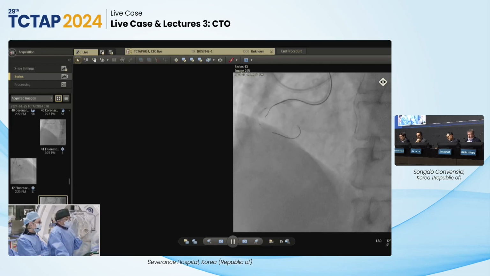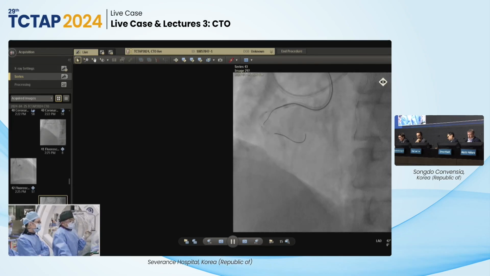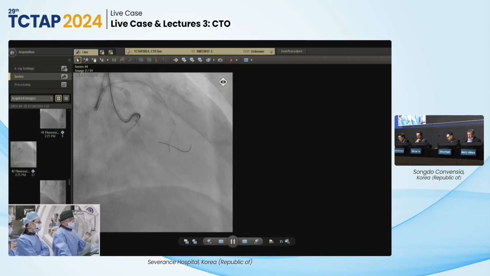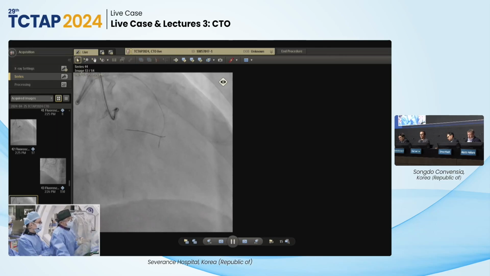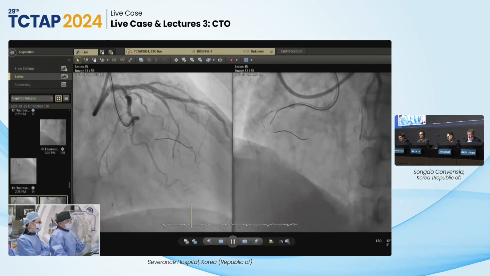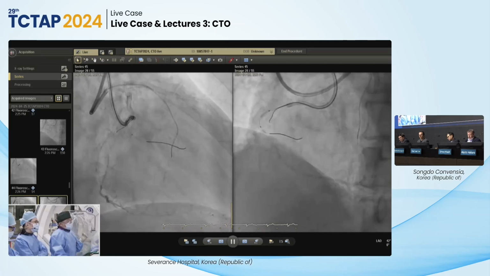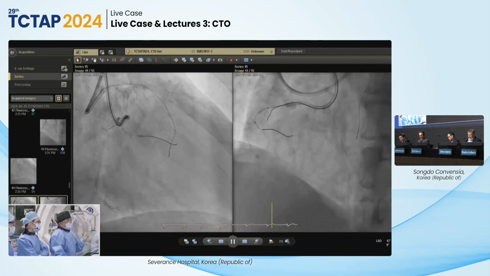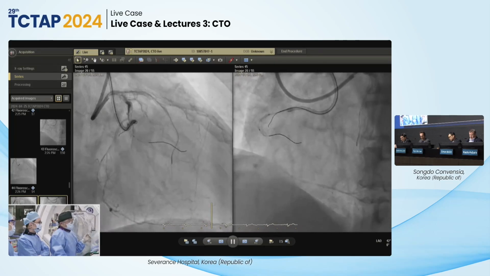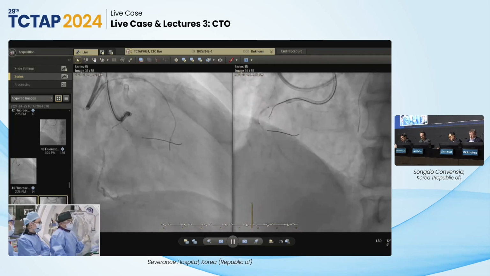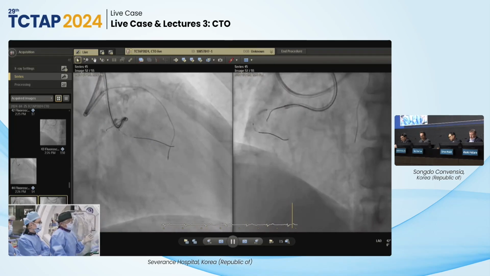The initial wire I started with was the Gaia Next 2. From the IVUS images and the CT images, we can know some of the situation of the proximal stump. So I just imagined it's good enough. The Gaia Next 2, and if that fails, a Next 3 or Conquest would be better.